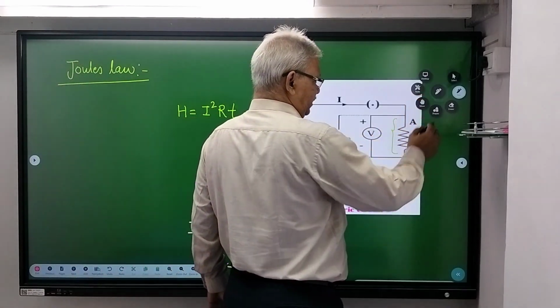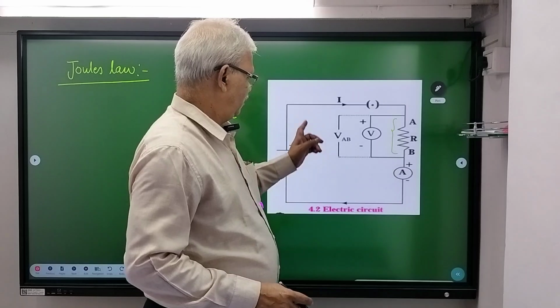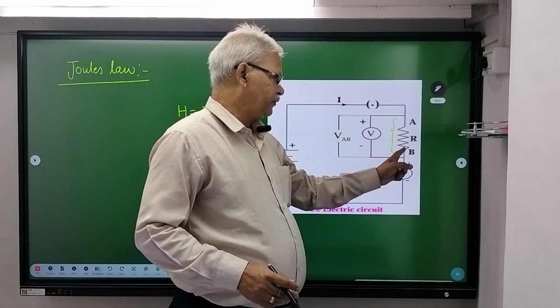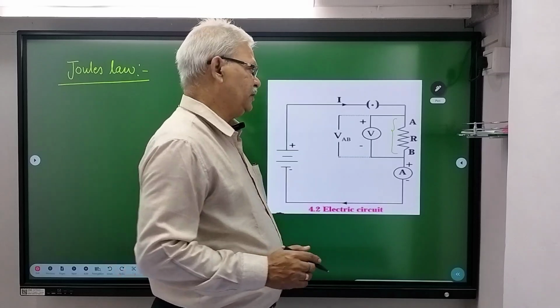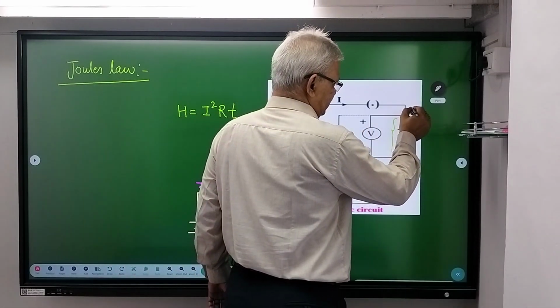Now see here, if the I current is flowing through it, it means the flow of charges.